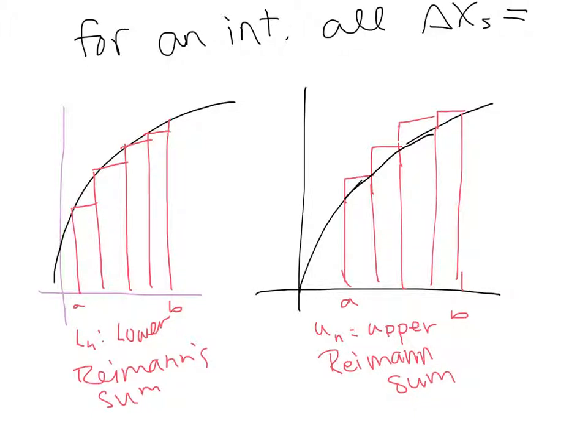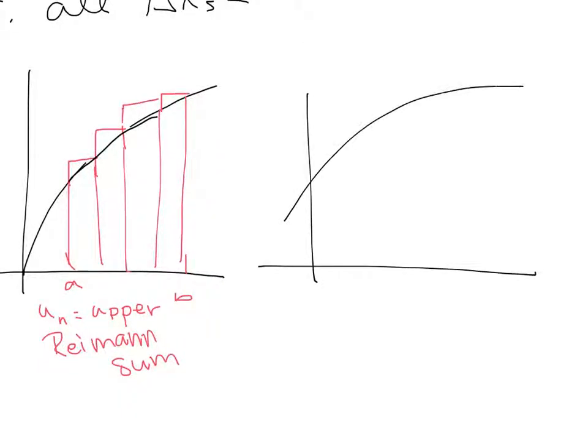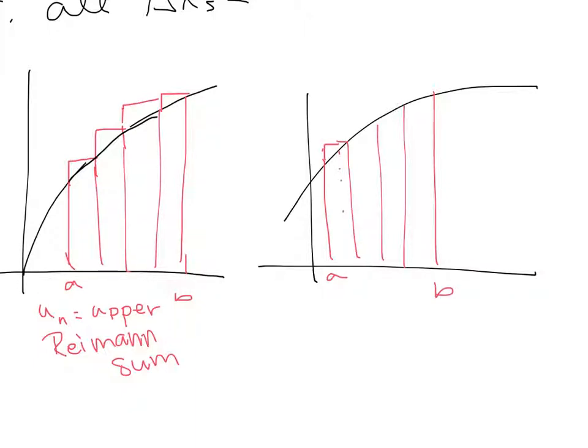And if we were to take it from the midpoint, so this is A, that's B, we would call that M sub n, which would be the middle Riemann sum, because it's in the middle.